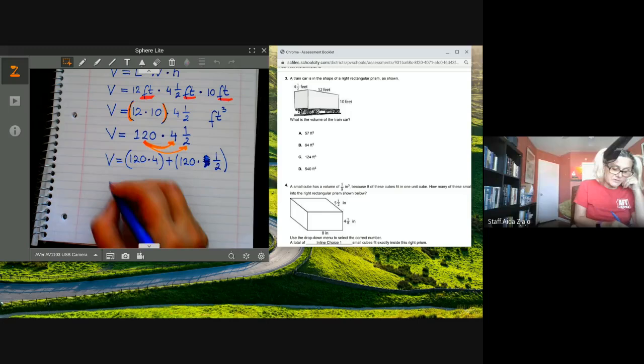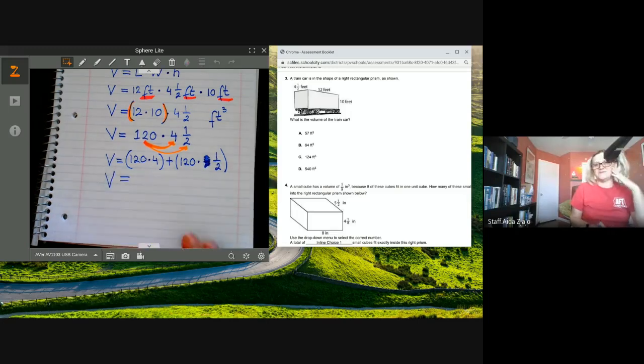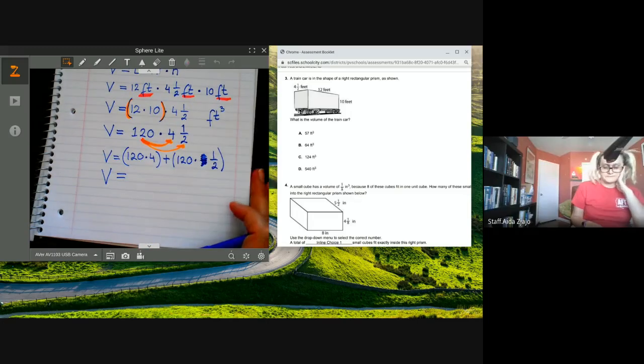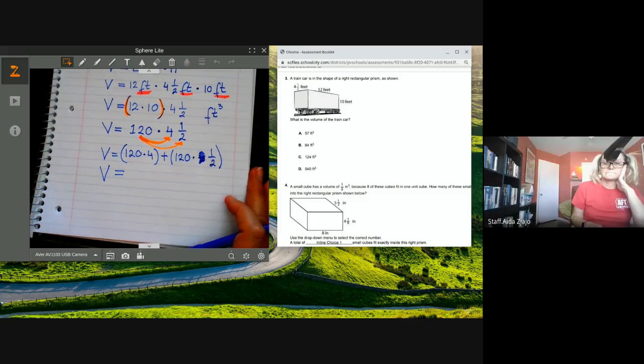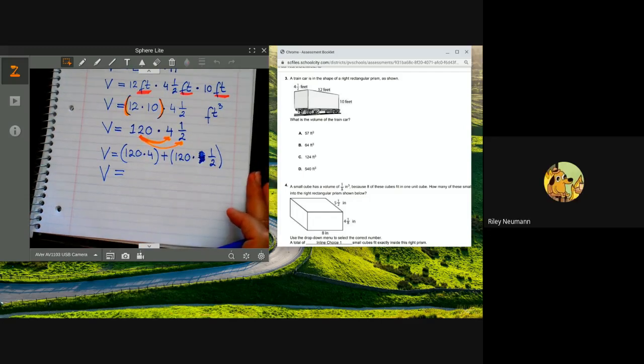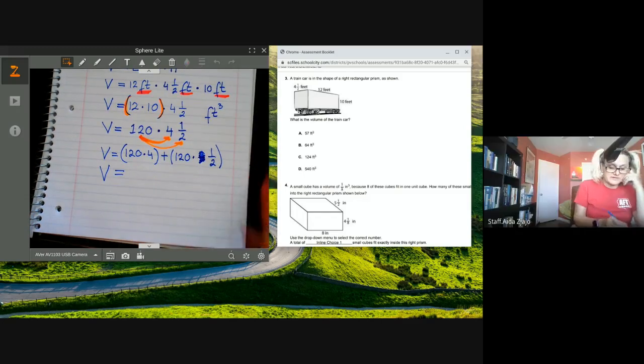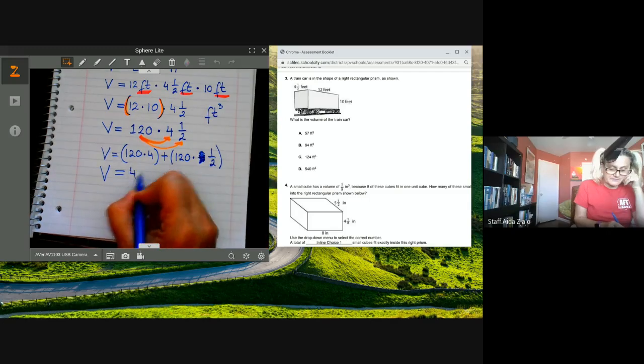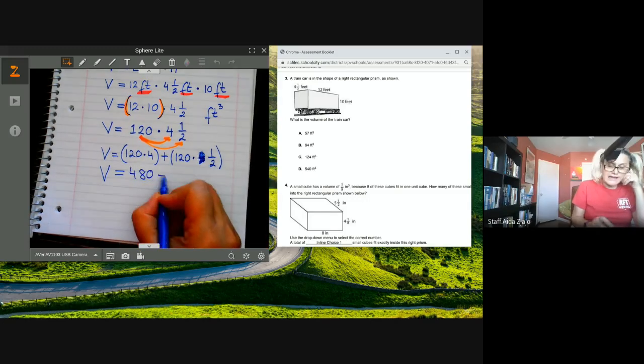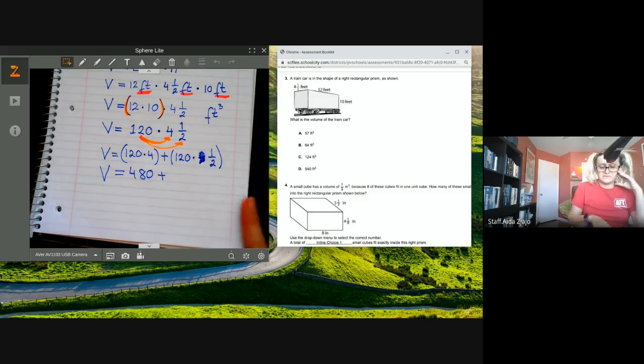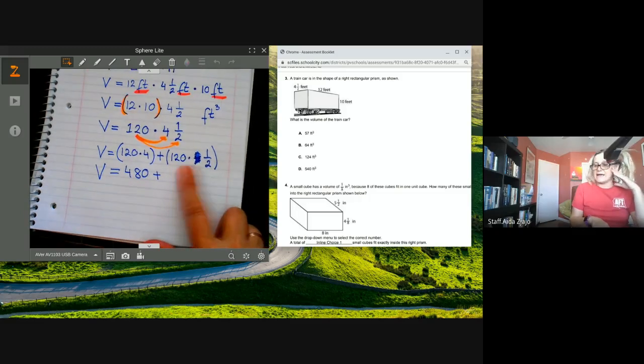So now tell me, what is 120 times 4? 480. 480 it is. And now there is a way, what would be 120 halves?